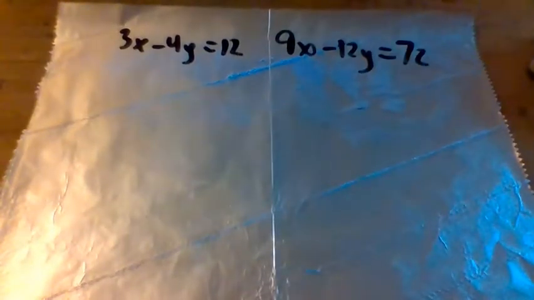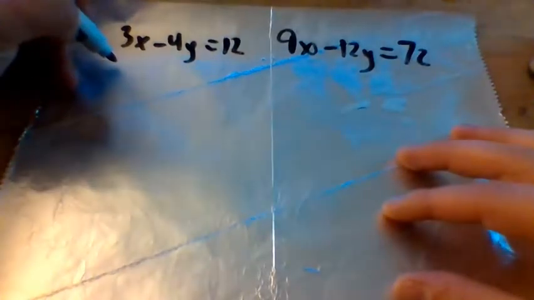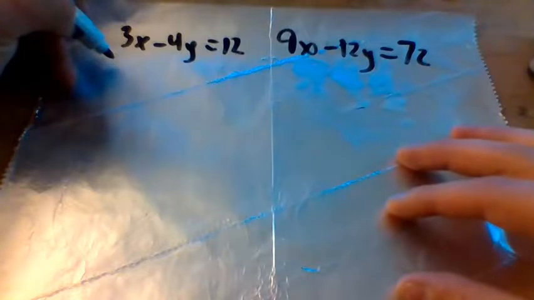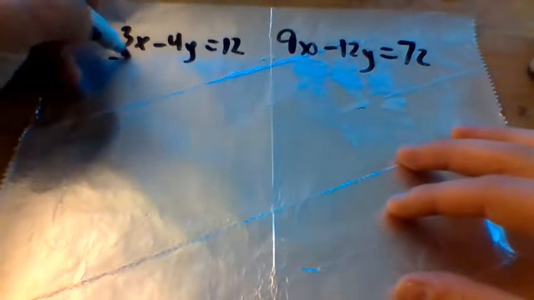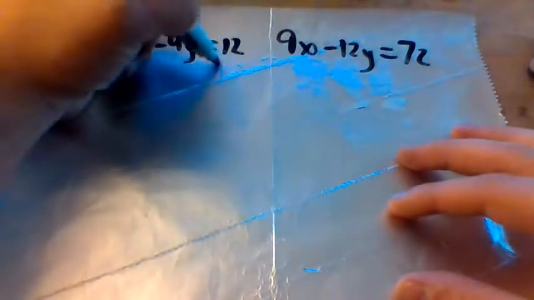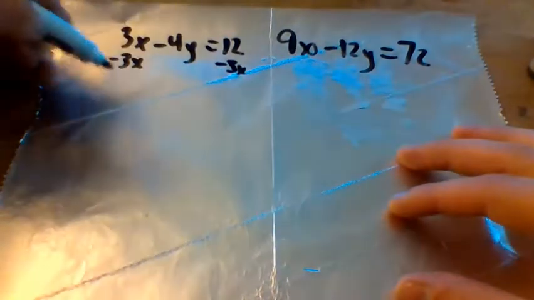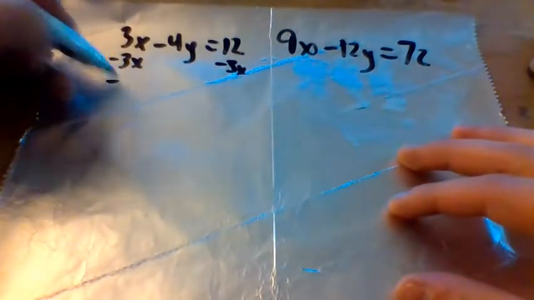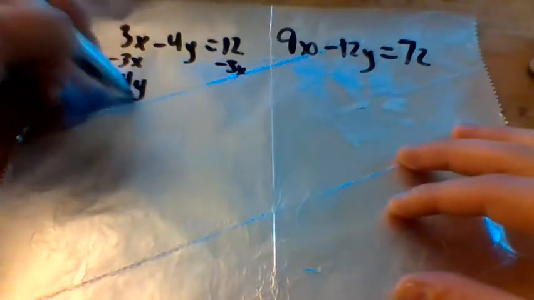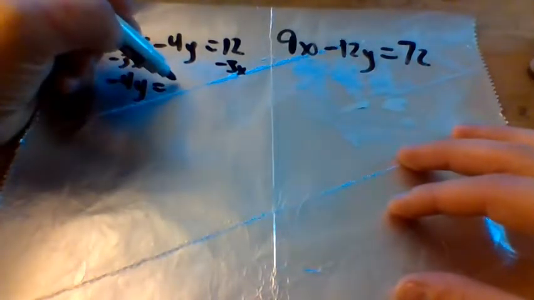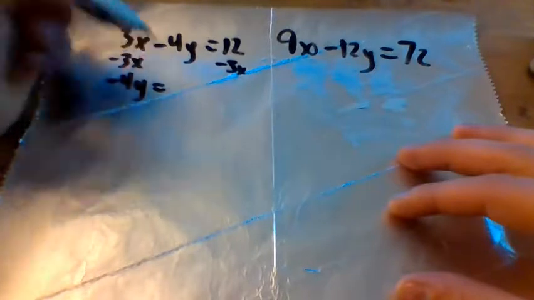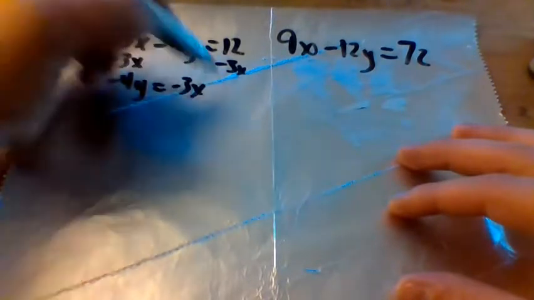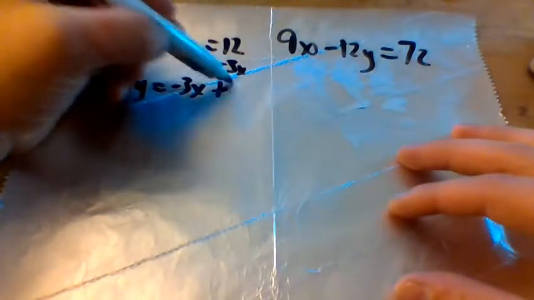And then what you're going to do is you're going to take these down to make them y equal. So what this is going to do is you're going to want to subtract 3x from both sides. And so that would be negative 4y equals negative 3x plus 12.